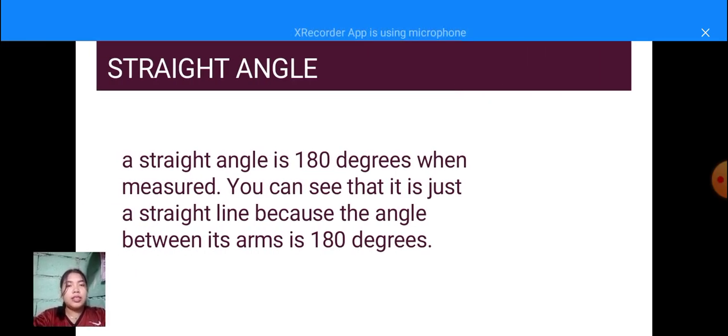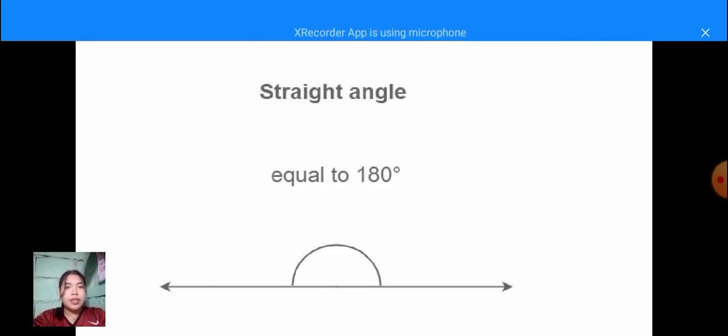Straight angle: a straight angle is 180 degrees when measured. You can see that it is just a straight line because the angle between its arms is 180 degrees. Here's the straight line, equal to 180 degrees.